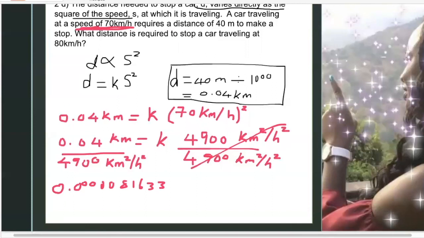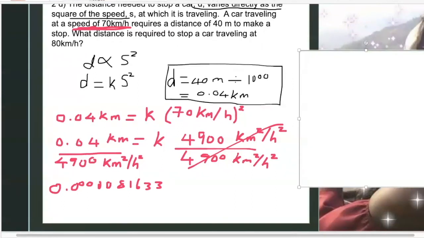Now with the kilometers squared, this is what's going to happen. If you realize, we have kilometer over kilometer per hour squared. So when we have per hour squared, it really means kilometer over, now this will be kilometer squared over the hour squared.